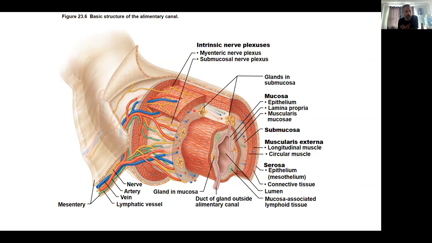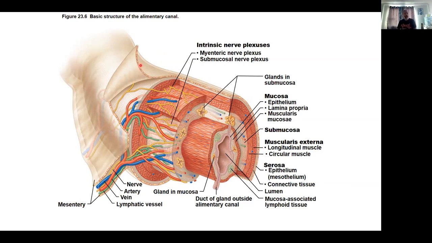All right, and they travel within the submucosal layer surrounding the mucosa in here. All right, this innermost layer, our two-layered muscularis externa, the outside. Okay, and the last outermost layer here, of course, is the serosa, for an intraperitoneal organ. This, of course, is the, excuse me, the visceral peritoneum.